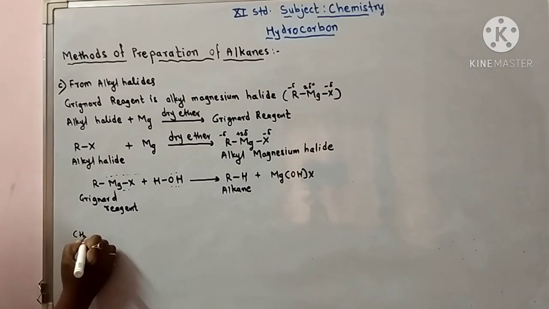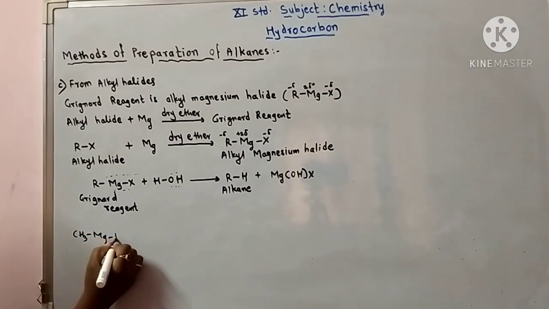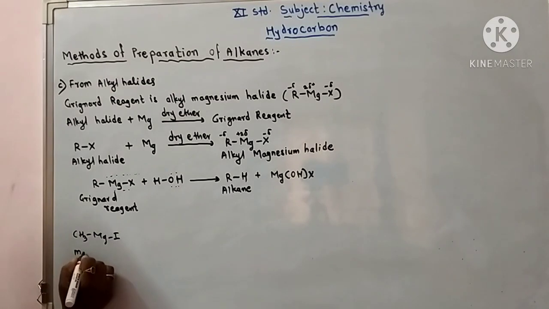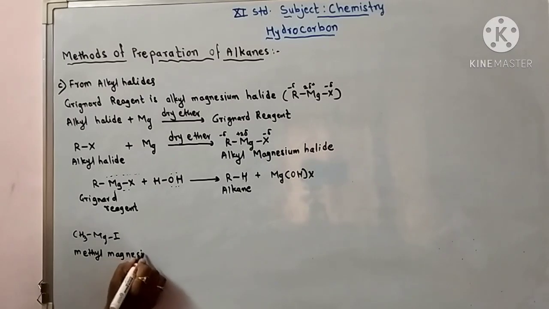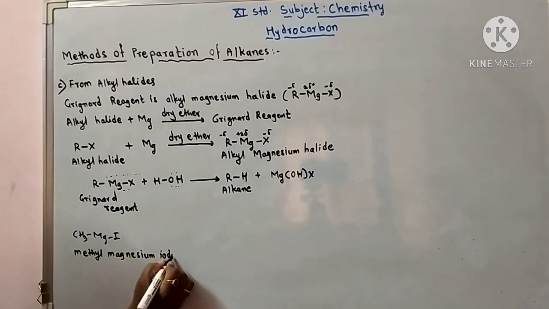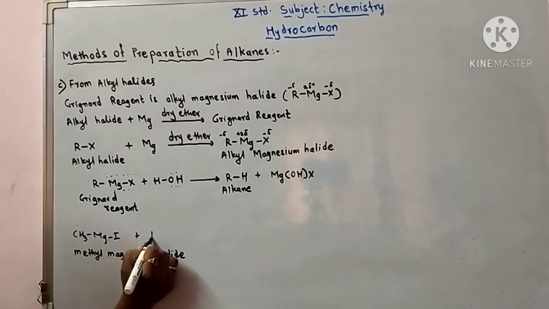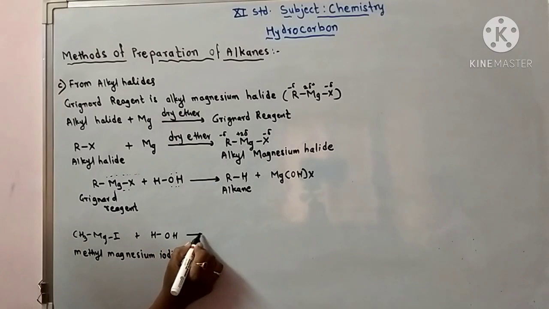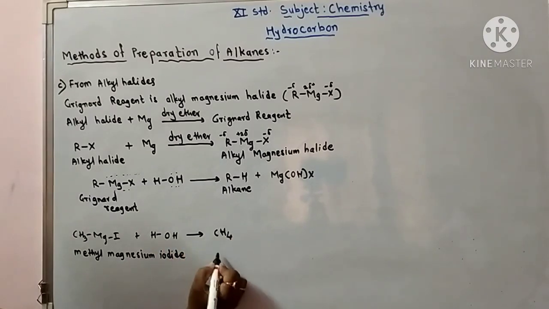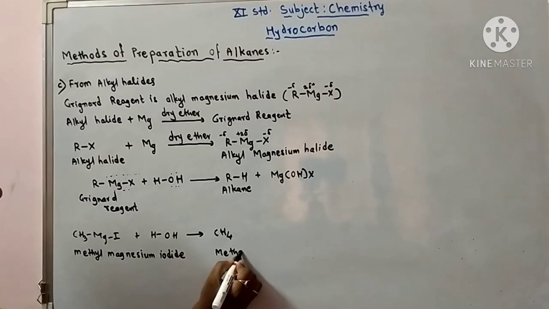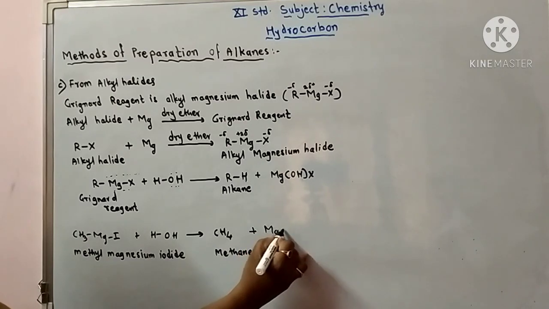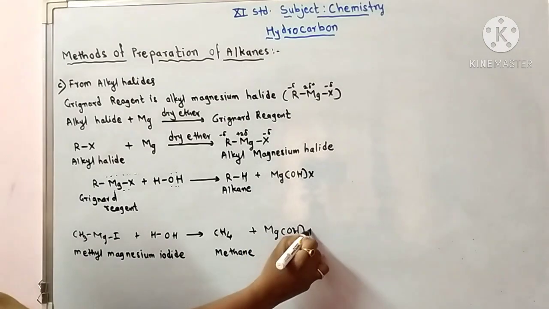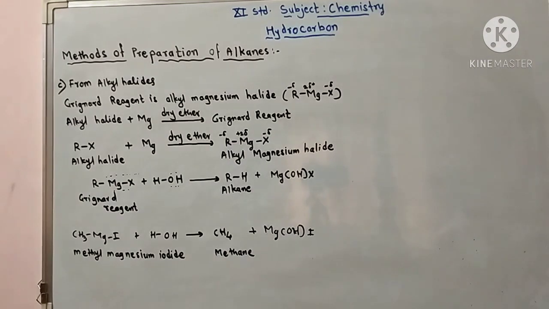When methyl magnesium iodide, this Grignard's reagent, is treated with water, it gets converted to methane molecule CH4, CH3H, therefore CH4, and magnesium hydroxy iodide as a byproduct. So methyl magnesium iodide gets converted to methane.